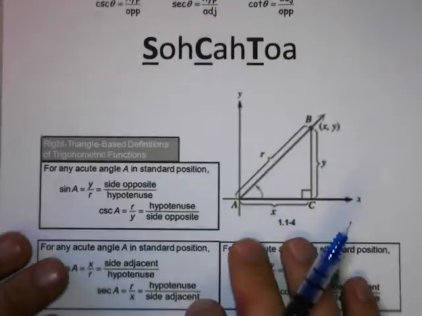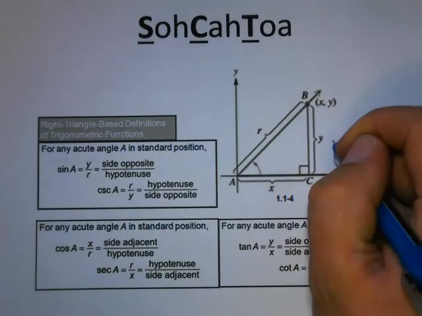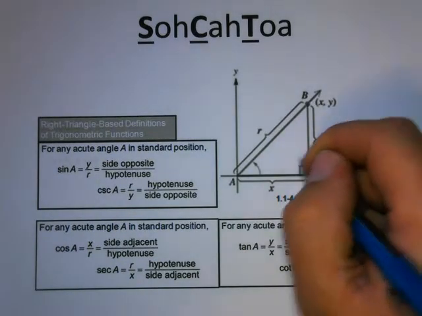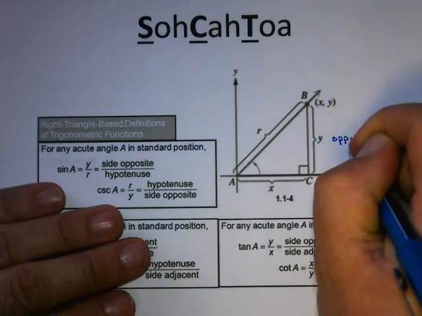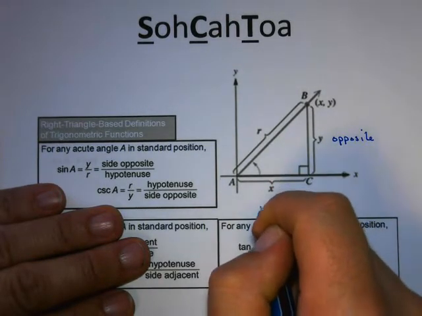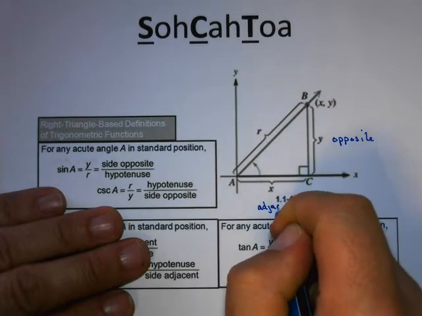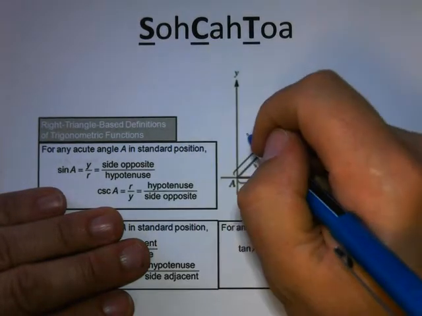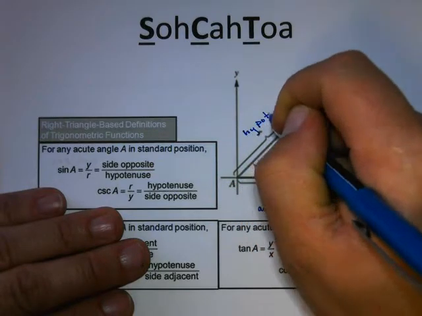So here are our definitions, but again, this y value, if this was our triangle, is going to be our opposite. This is going to be our adjacent. And this is going to be our hypotenuse.